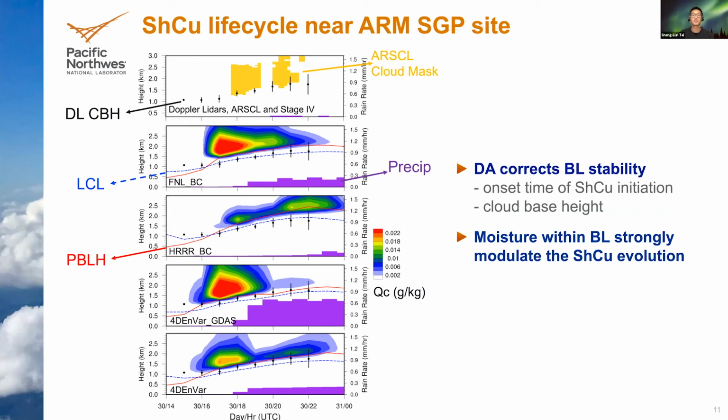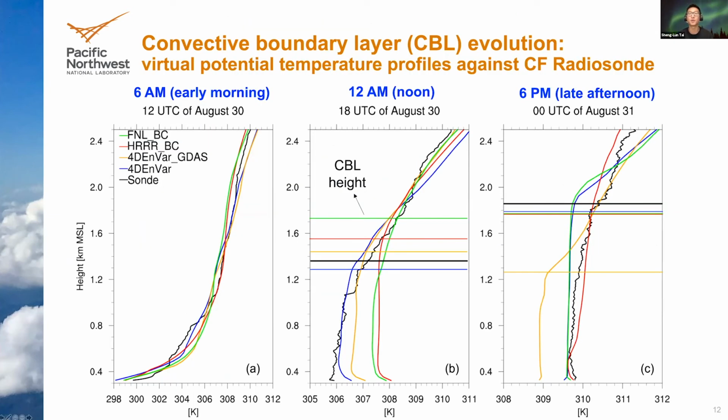To confirm the improvement, we also look at the profiles in the early morning, noon, and late afternoon. In general, the 4DEnVar in the blue line has the best performance among the experiments, including a significant correction of positive bias around noontime, as shown in the middle panel here.